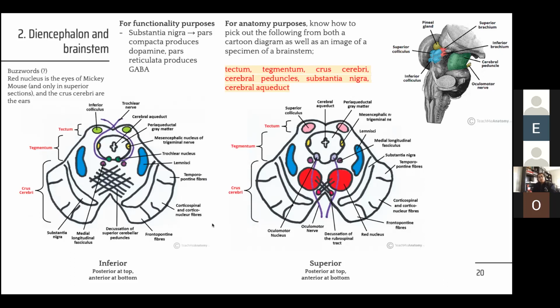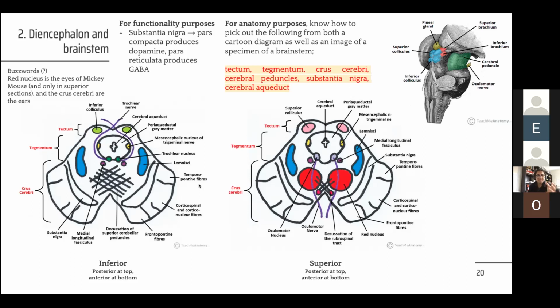So from a purely anatomical second-year exam point of view, it's good to be able to pick out the tectum, tegmentum, crus cerebri, the peduncles, the aqueduct and the substantia nigra, from an image like this, whether you get given a diagram like this, or a picture of a specimen that looks like this.